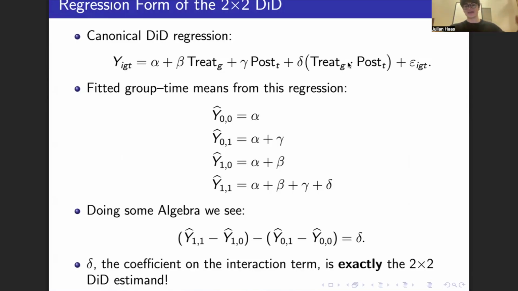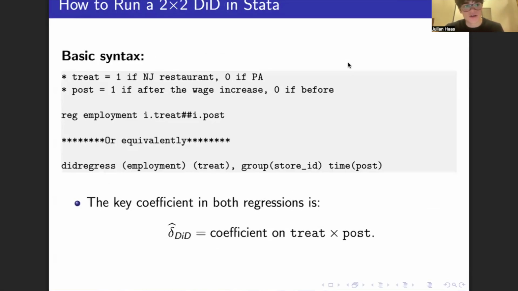I'll show you two ways. The first way is using exactly the tools that we've been using the entire semester. So here, with the Card-Krueger case, we're just going to be regressing employment on the dummies treat and post, and importantly, as I said before, the interaction between the two of them, which recovers the diff-in-diff estimate, right?